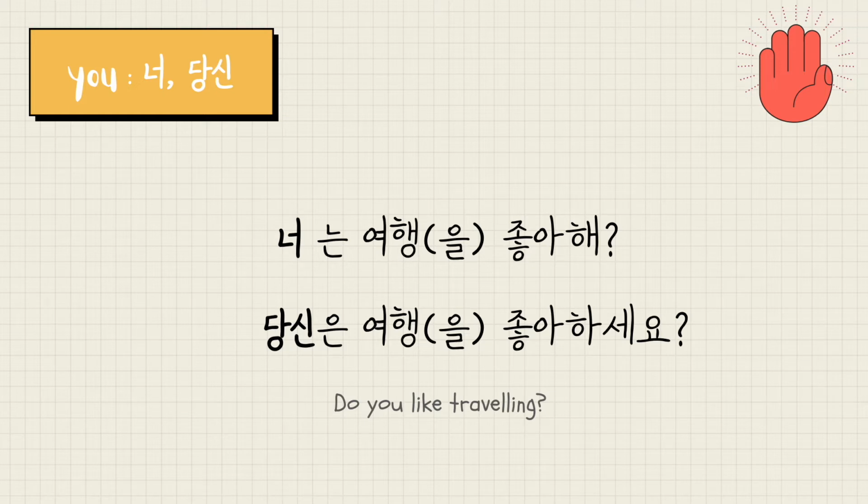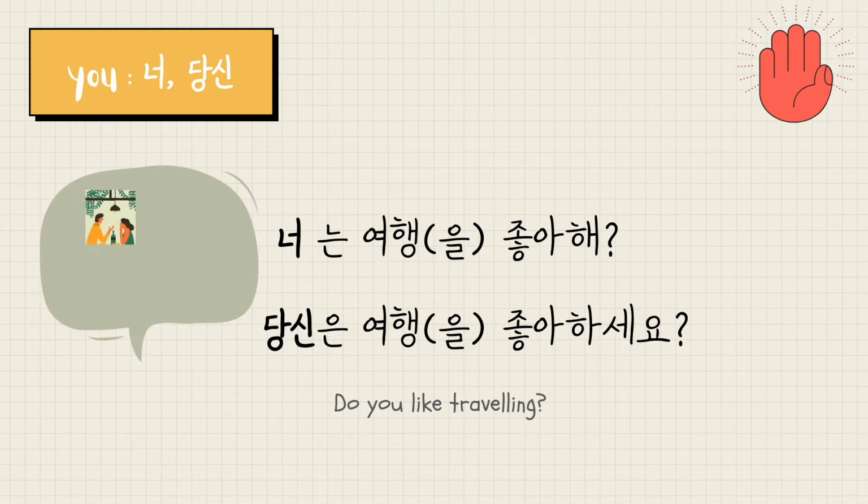Friends, for example. 당신 is mainly used in three ways: between husband and wife, or you call a stranger when you fight with that person, or occasionally used in writing because, ironically, it sounds poetic. That's why it's often used in poems.